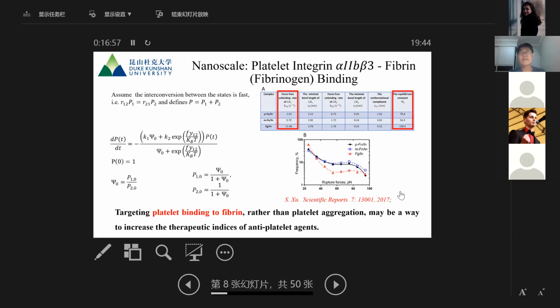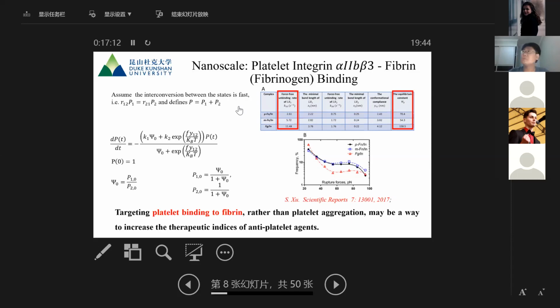How to explain this? The experiment could not explain, but we could explain through the parameters fitted by the model.